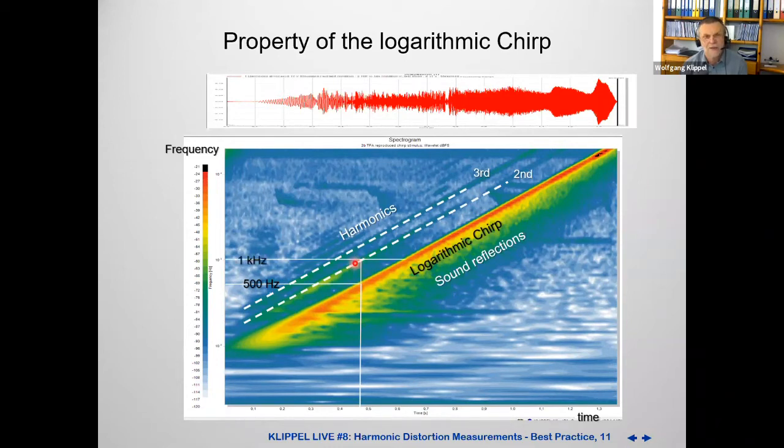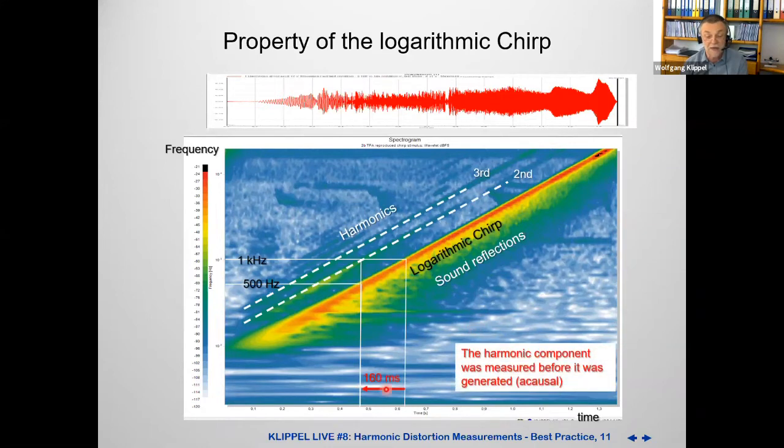That means our speaker synthesizes a new frequency which has not been generated by our generator. So actually the 1 kilohertz tone arrives a little bit too early; it will actually be transmitted by our generator 160 milliseconds later. So we have an acausal behavior of our speaker. It sends a signal which has not been generated by our generator.